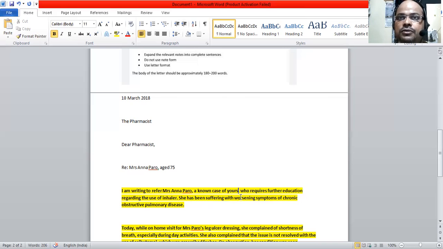That's a diagnosis you have to say. You have other past medical histories like leg ulcer, and you're not going to mention all these things. Right now you have to say that she has COPD and she has been using the inhaler in an inappropriate way, so that she is being referred to you for further education. The patient is known to you. Everything is mentioned in just two sentences.